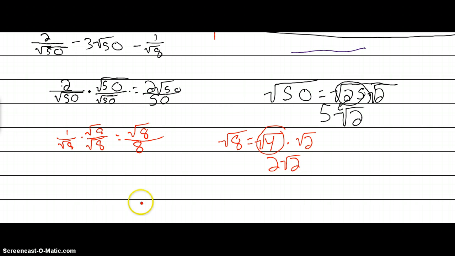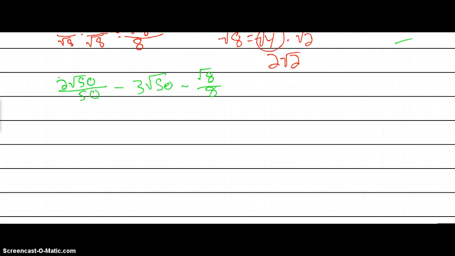So now we're going to go ahead and rewrite all this stuff. So 2 square root of 50 divided by 50 minus 3 square root of 50 minus the square root of 8 over 8.